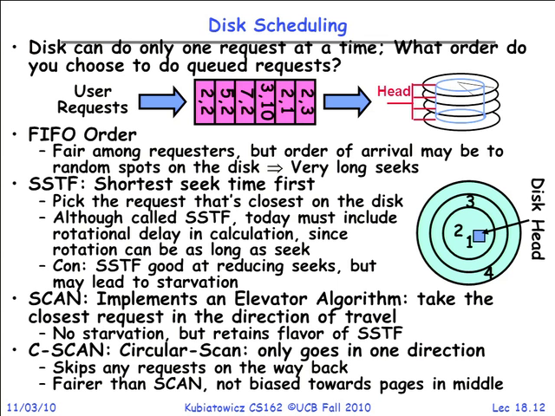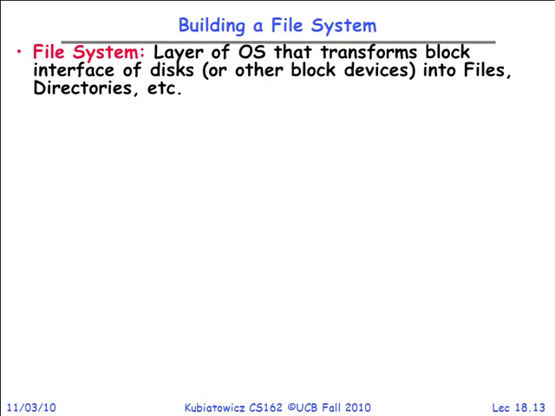Let's switch gears from the low level to the high level now, and let's build a file system. So what's a file system? It's a layer of the operating system that takes the blocks from the disk and turns them into actual contiguous things, which we often call files or directories.